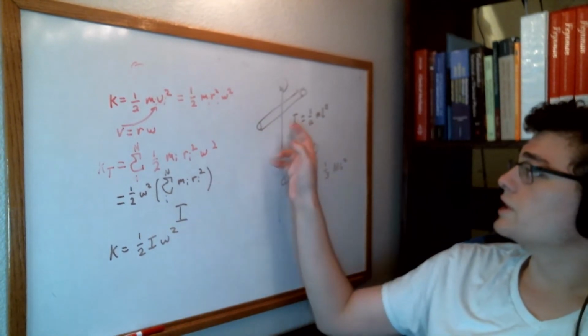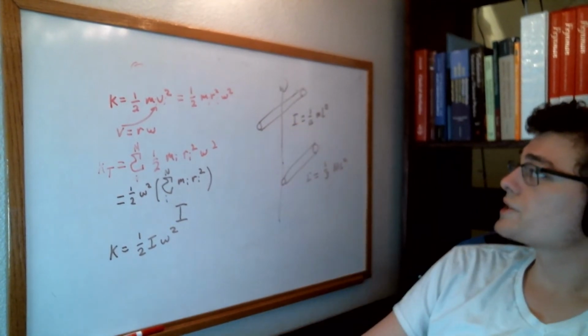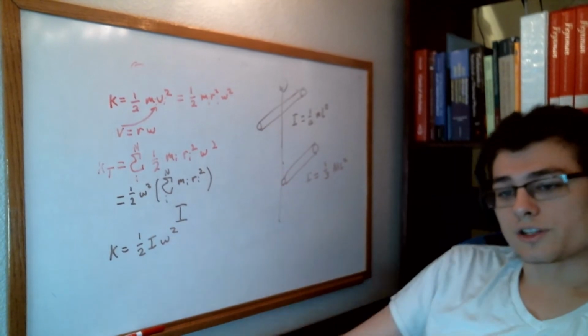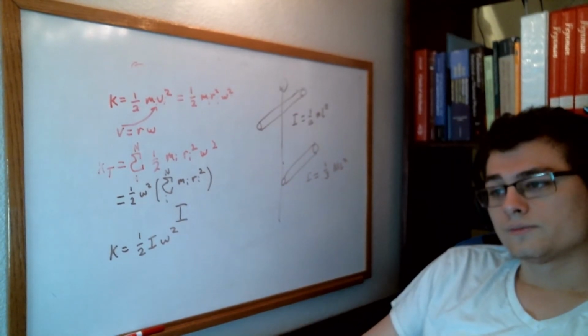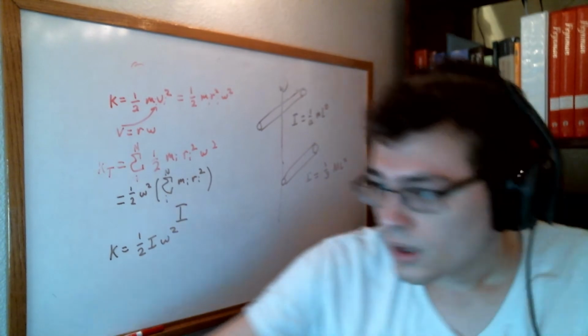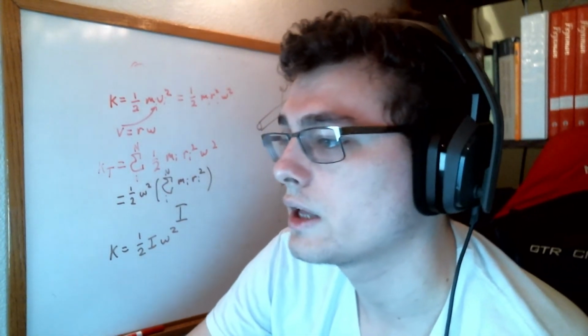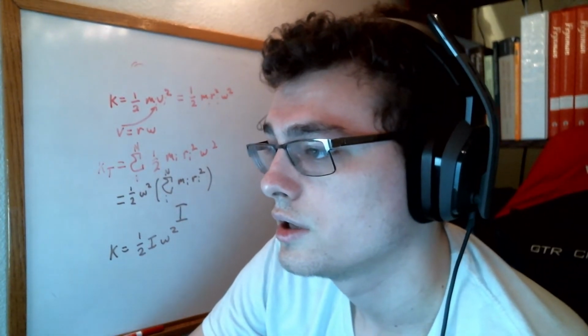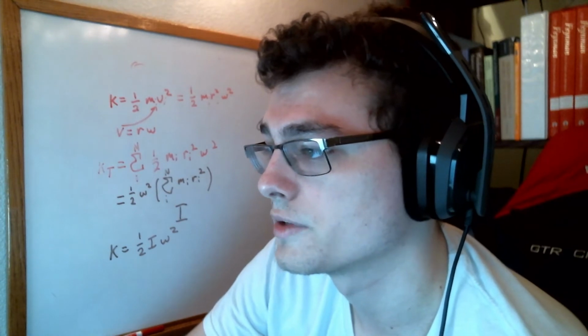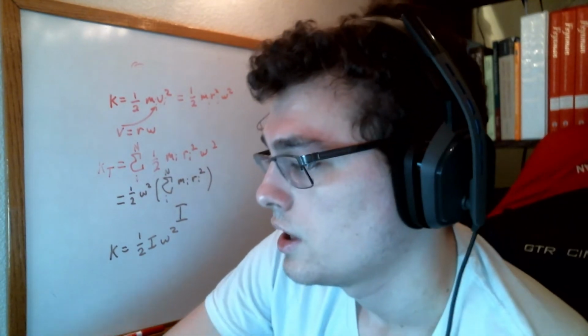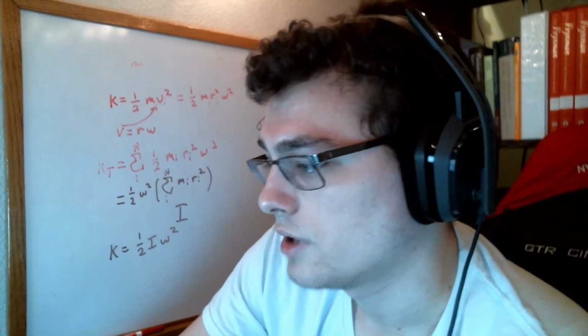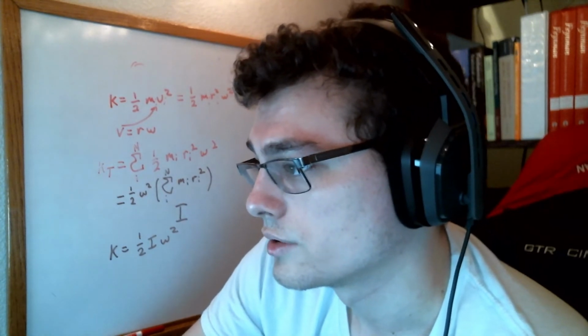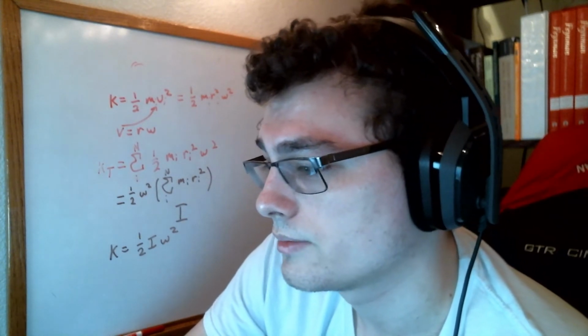It's going to be easier to rotate this rod like this than it would be to rotate this rod like this. Okay, so I would go ahead and study table 9.2, the moments of inertia of various bodies. Those are going to be very, very useful on tests and whatnot.